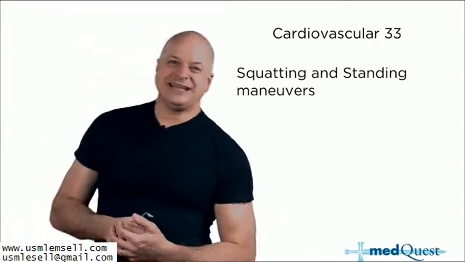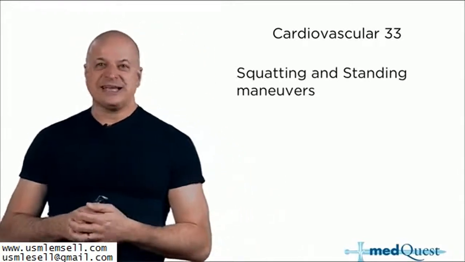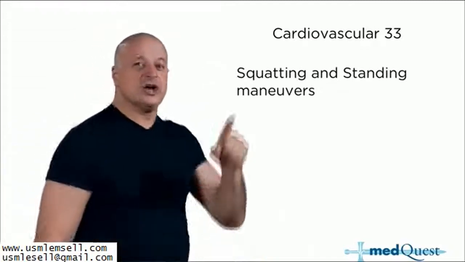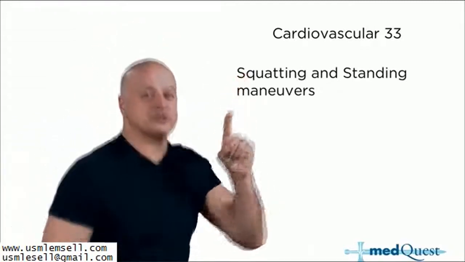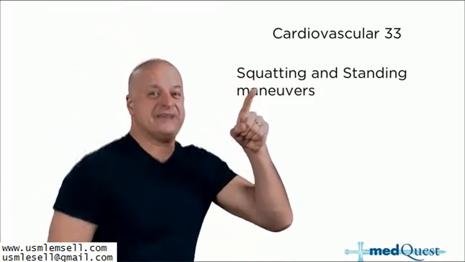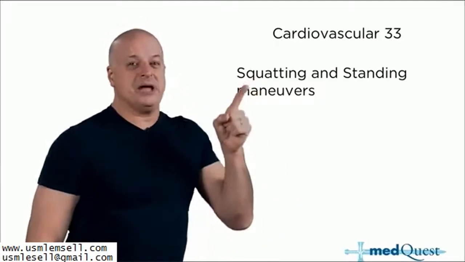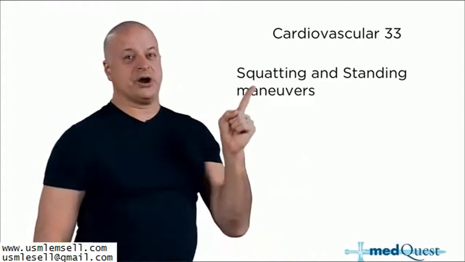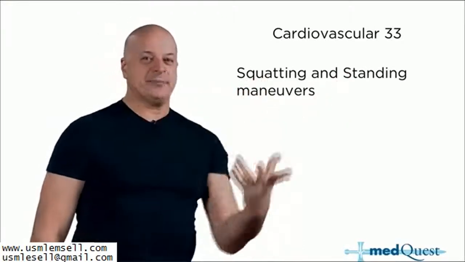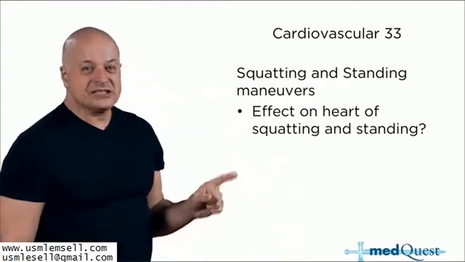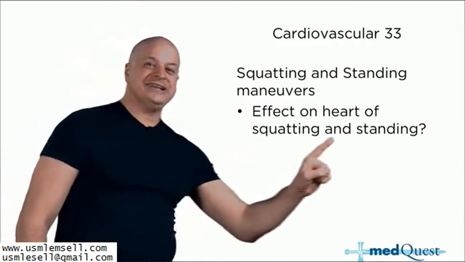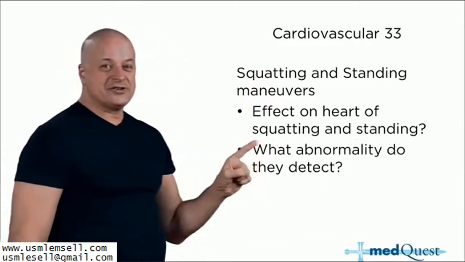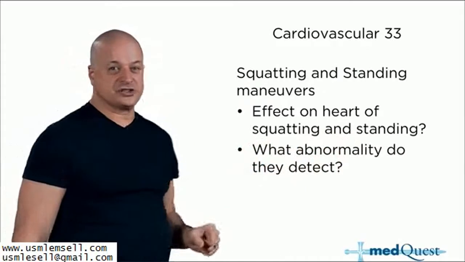Next, what are squatting and standing? Let's be 100% clear. When we squat, we're squeezing on the leg veins. We squeeze up the blood into my heart and fill up the heart. Standing empties the heart. The effect is to increase venous return, decrease venous return.